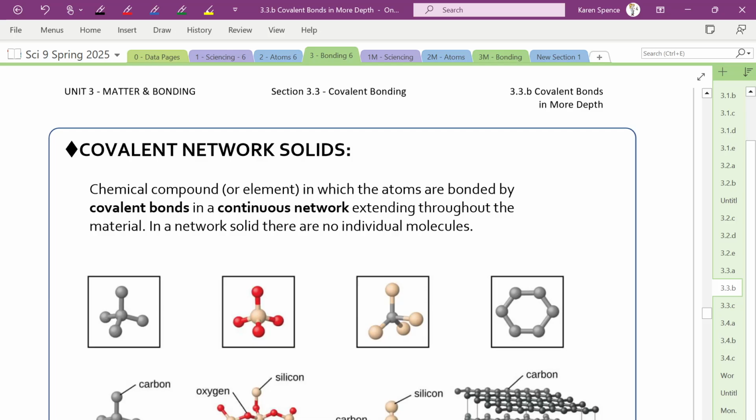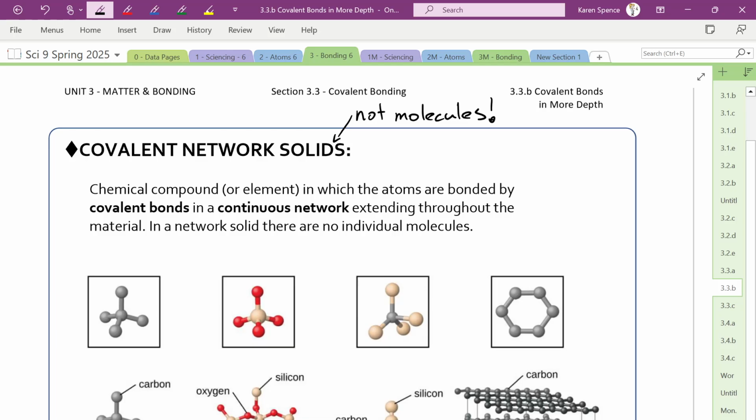Once again, this is a little enriched bit here. Covalent network solids, not molecules. Now, normally, when things covalently bond, what kind of particle do we get?